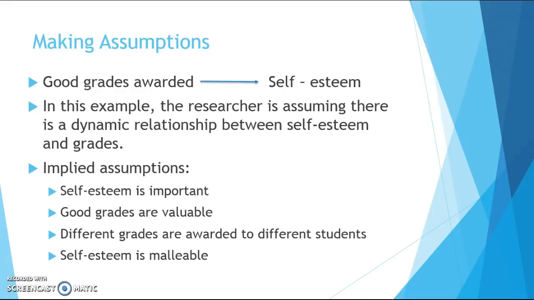We're just assuming that self-esteem is something that students should have in the first place. Another implied assumption would be that good grades are valuable. Who even says that good grades have an effect on a student's self-esteem? Another assumption would be that different grades are awarded to different students, or that self-esteem is malleable. So as you can see, there is the obvious assumption that is guiding this research question in the first place. But obviously beneath that, there are many other layers of implied assumptions through that question.